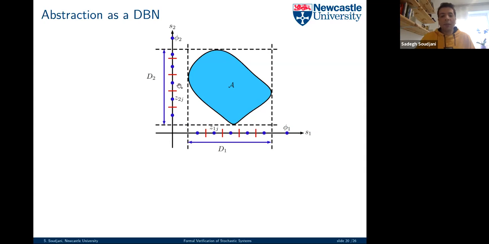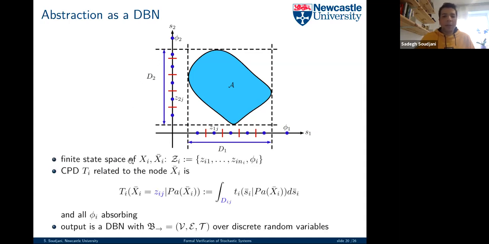The same thing we do for D2. We pick representative points for partition sets inside D2, and a dummy state for outside of D2. So these representative points and the dummy state become the finite state space of the random variables in the DBN.